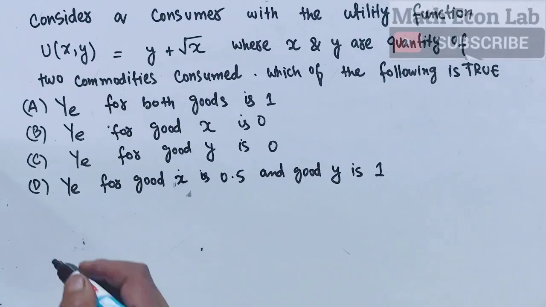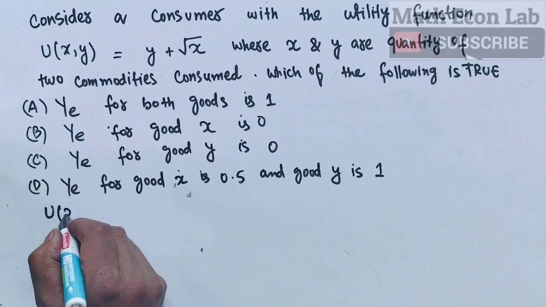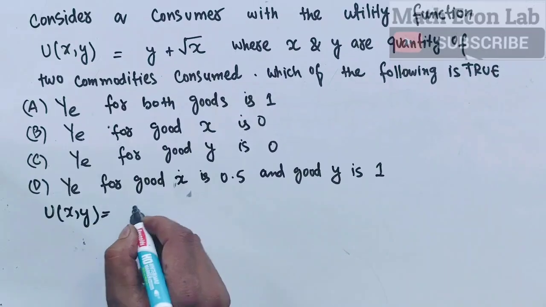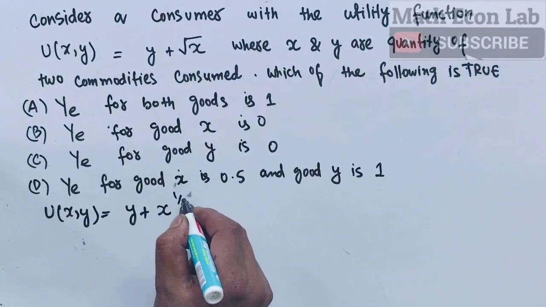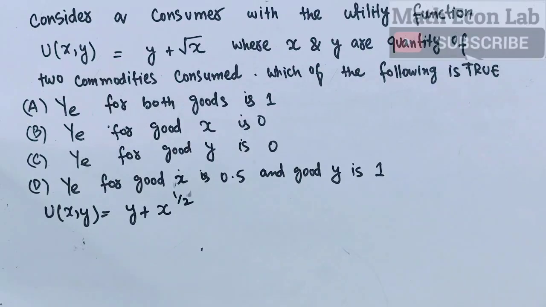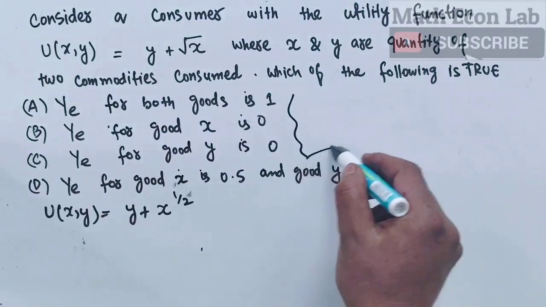Okay, so we are being given the utility function. Utility is a function of two goods x and y, which is equal to y plus under root x, can be written as x raised power 1 upon 2. Okay, so this is actually our quasi-linear utility function. So our endeavor is to find out the demand function for x and y.